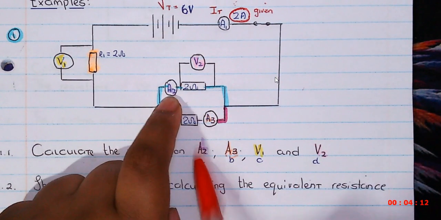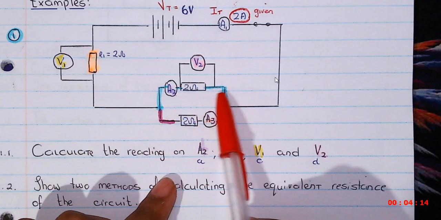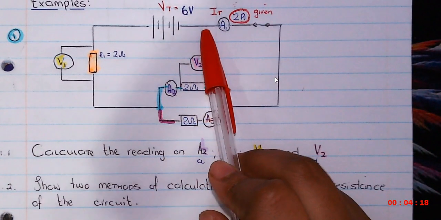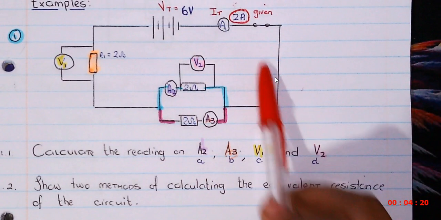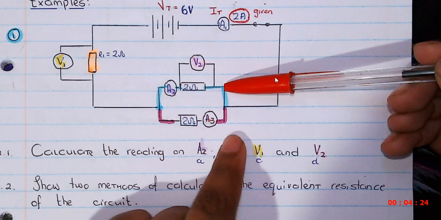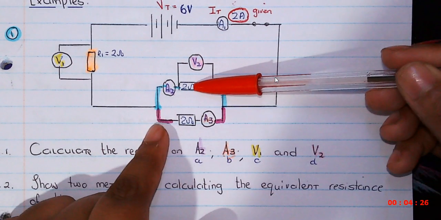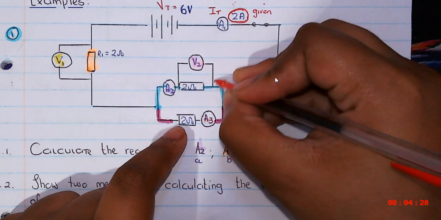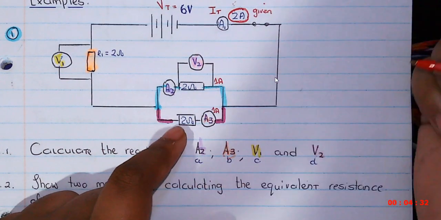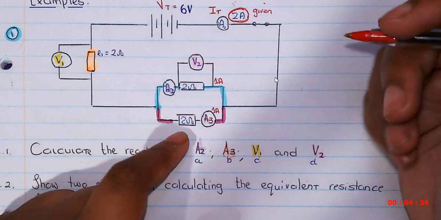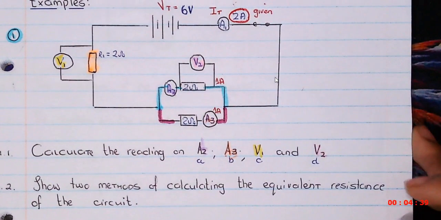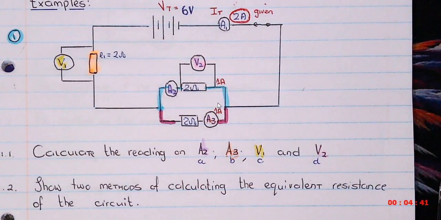They want to know how much current is going through the blue branch. As you can see, we have 2 amperes of current in total, right? And then it's shared between 2 resistors of the same magnitude. And so each of them will get 1 ampere because the current will split equally, because the resistances are the same.